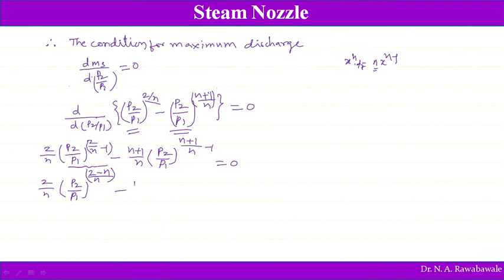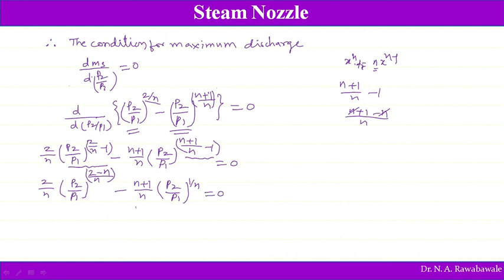Then minus n plus 1 divided by n, p2 divided by p1 to the power of, so if we simplify this power, it is n plus 1 divided by n minus 1, so the LCM is n plus 1 minus n, so here n gets cancelled, minus n plus n, 1 by n, so to the power of 1 by n we can write here. So this term gets converted to 1 by n is equal to 0.